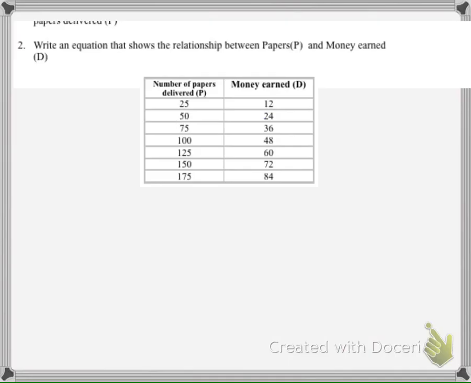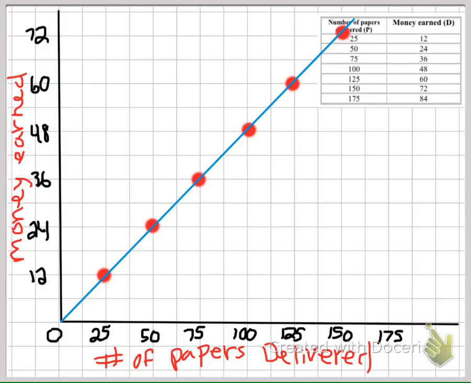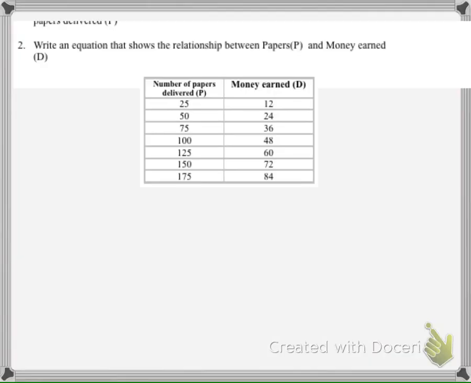Now number 2 talks about writing an equation. I could do that from the graph by making a slope triangle doing rise over run, or I can do it from the table. Let me show you from the table. So I'm going to start making carrots. I know that my y side is going up by 12 each time, and the x side is going up by 25.